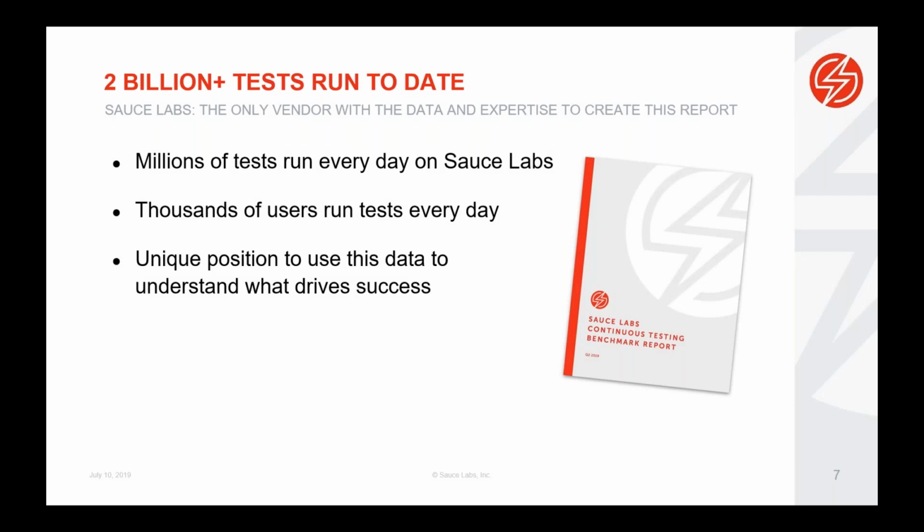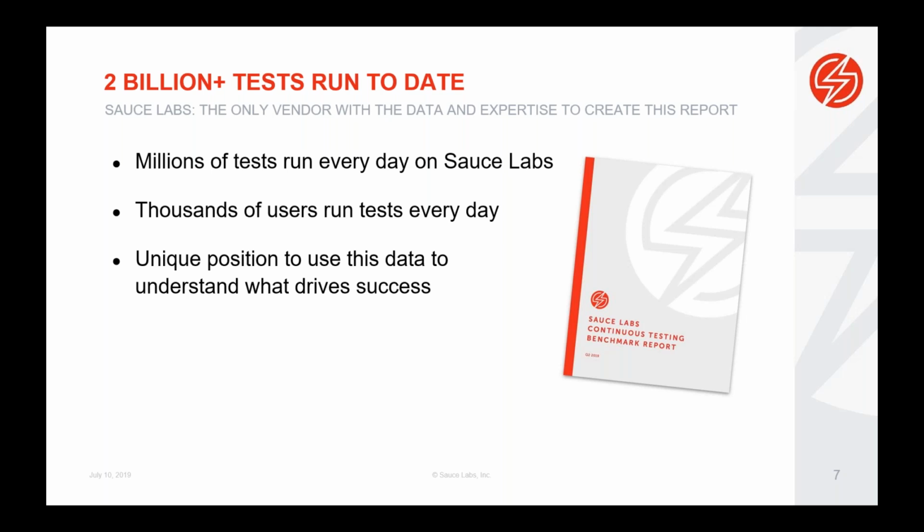So at Sauce Labs, we believe that we are uniquely positioned to give this new insight to our customer base. Basically, we have over 2 billion tests that have run to date. Nowadays, it's even more. And we've got over 2 million tests running every day in Sauce Labs from a very diverse set of customers.